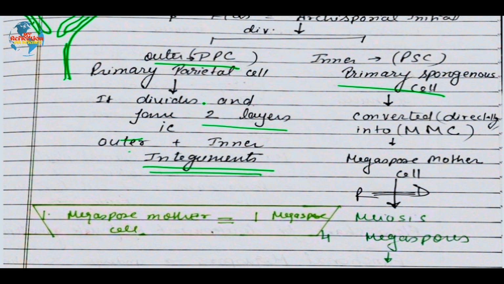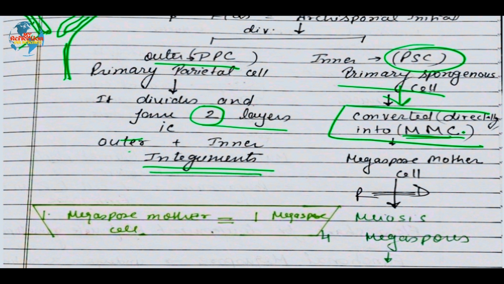But here only two layers are developed, which are basically the covering of the ovule or megasporangium, termed integuments. Next, the most important point of megasporogenesis: there is no division in the primary sporogenous cell. There is no change, it is directly converted to the megaspore mother cell.